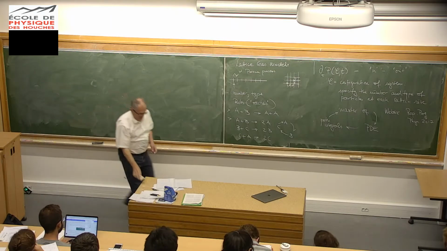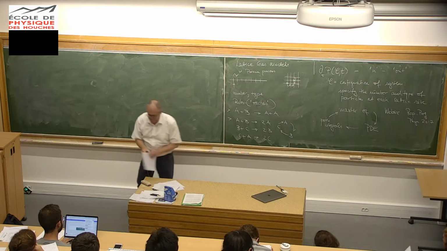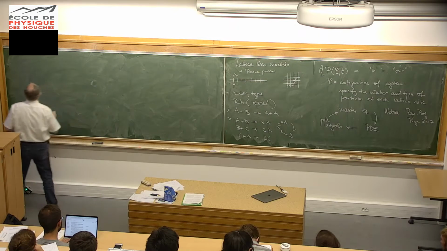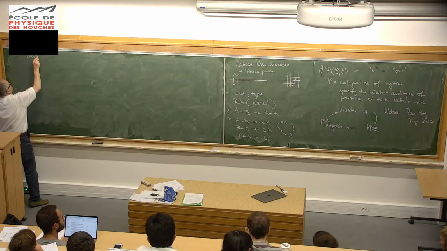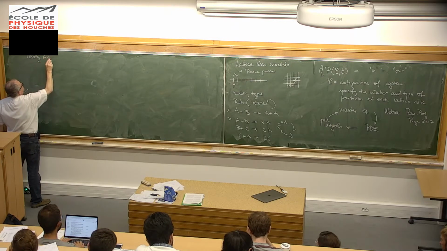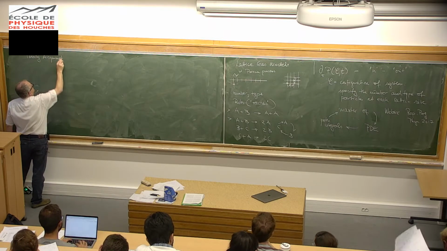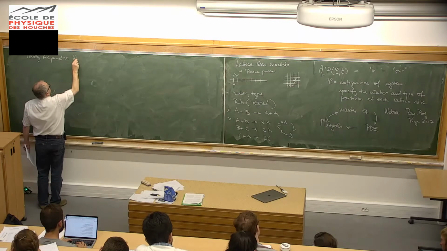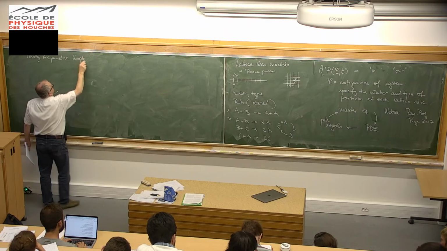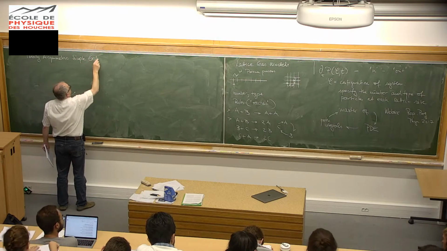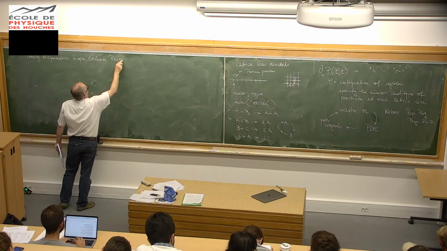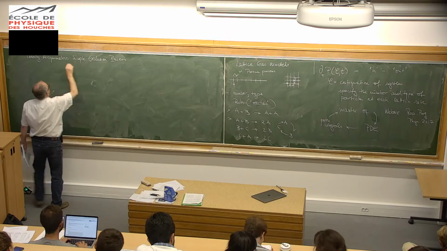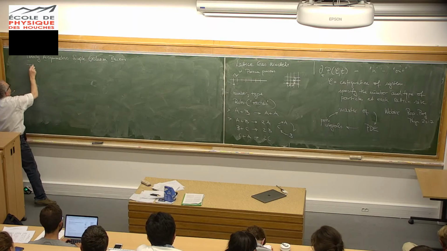All right, so what we look at is a simple model for transport called the totally asymmetric simple exclusion process, or simply TASEP.